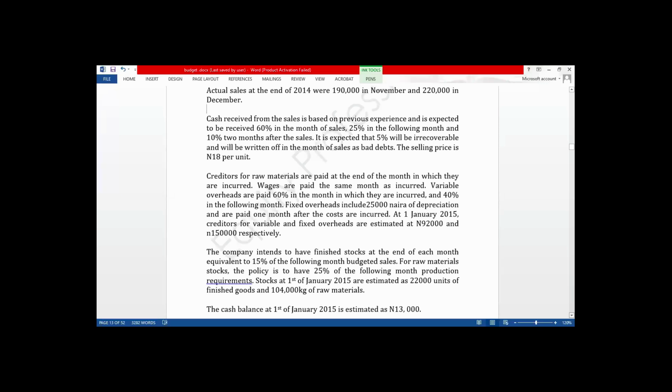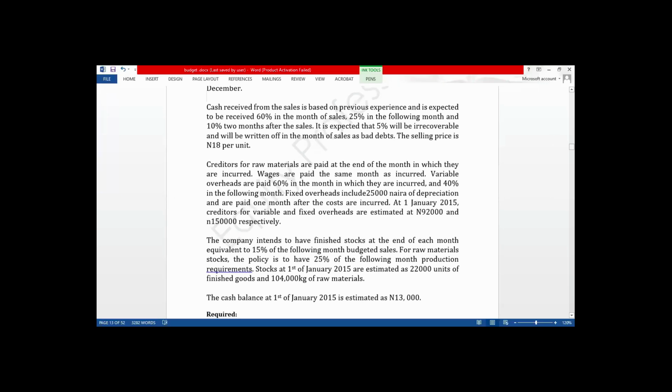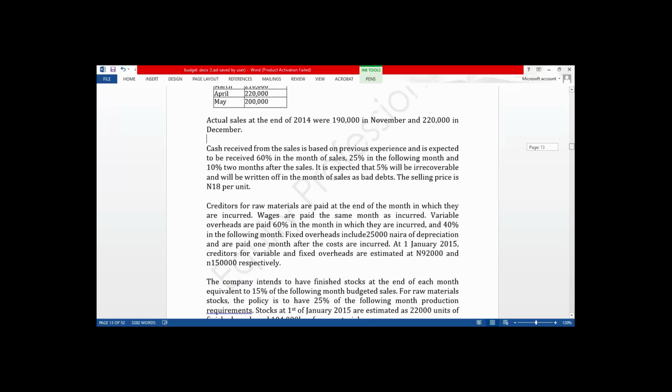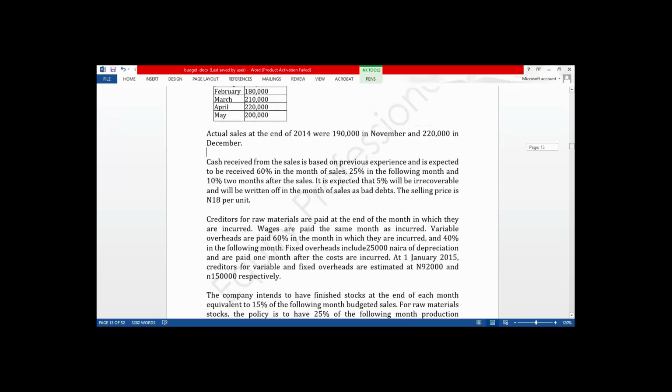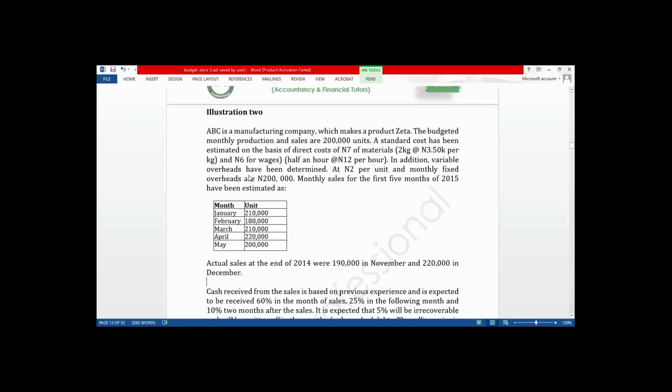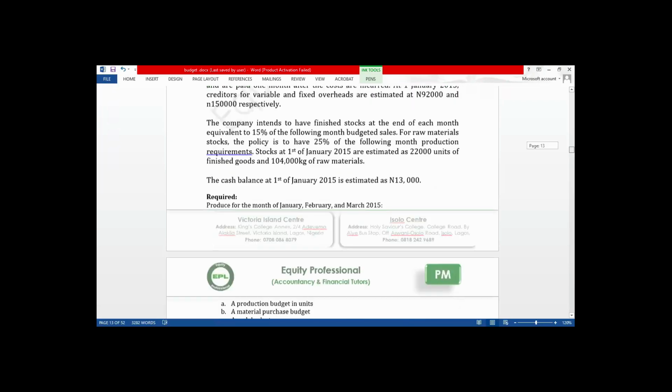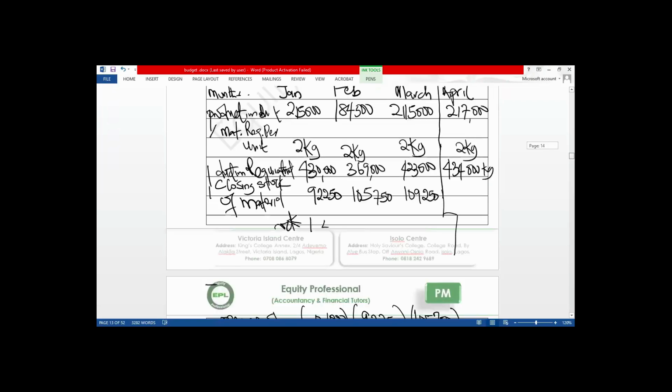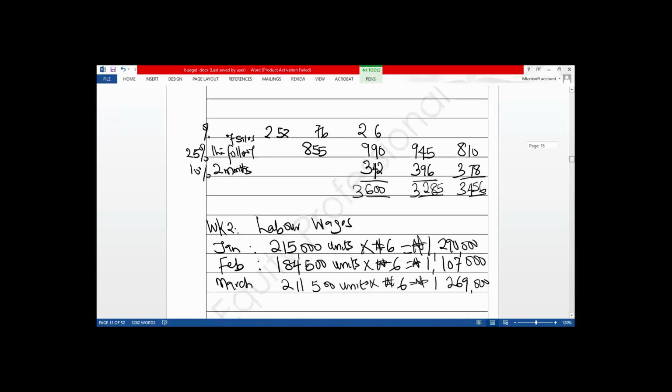So let's go to this. Before that, if you look at paragraph 1, it said variable overhead has been determined at ₦2 per unit. We need to calculate variable overhead cost incurred first.